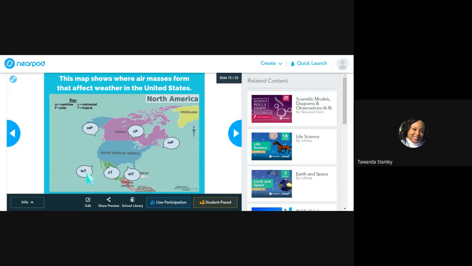The T stands for tropical, and tropical is representing temperature, and that's going to be warmer. This bubble is on Mexico, which is land, so it is going to be dry and warm, continental tropical. And then this bubble is in the Gulf of Mexico, which is under us, and it's going to be maritime tropical, meaning it's going to be wet and moist and warm.